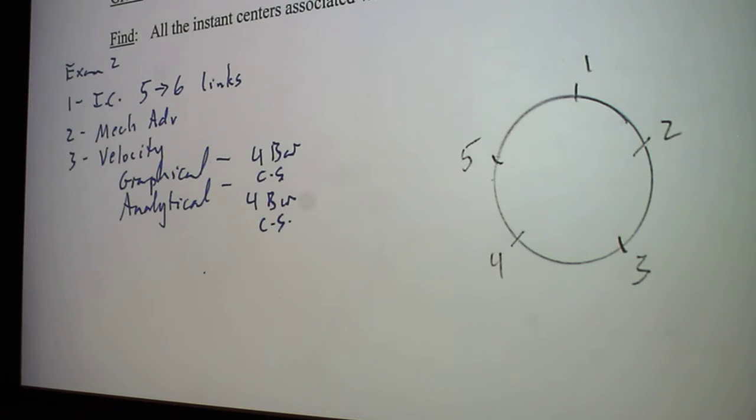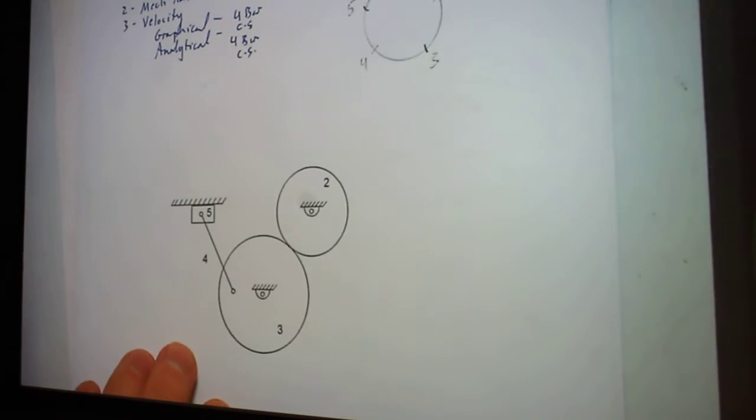Okay, with that, let's do this thing here. All the easy instant centers are identified first.